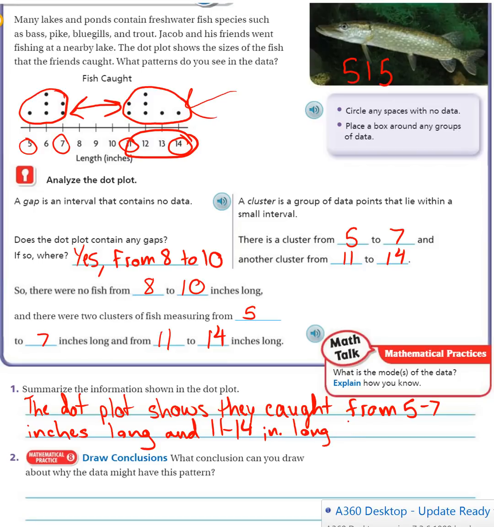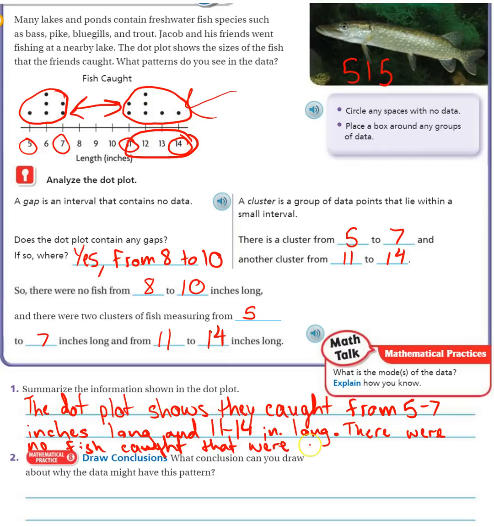And then we could say something like, there were no fish caught that were 8 to 10 inches long. Something like that. We're just kind of putting it in words what we see. Nothing tricky. We're just describing in words what we've just kind of been talking about.